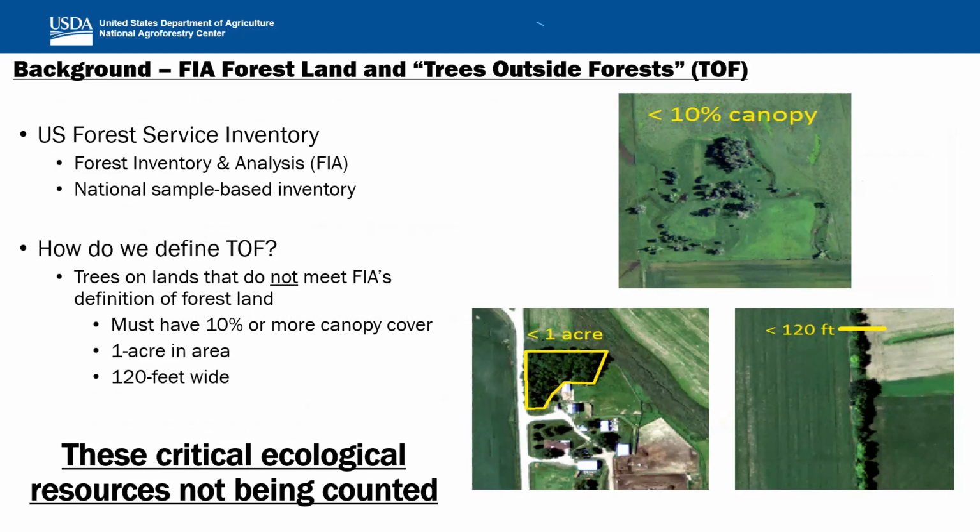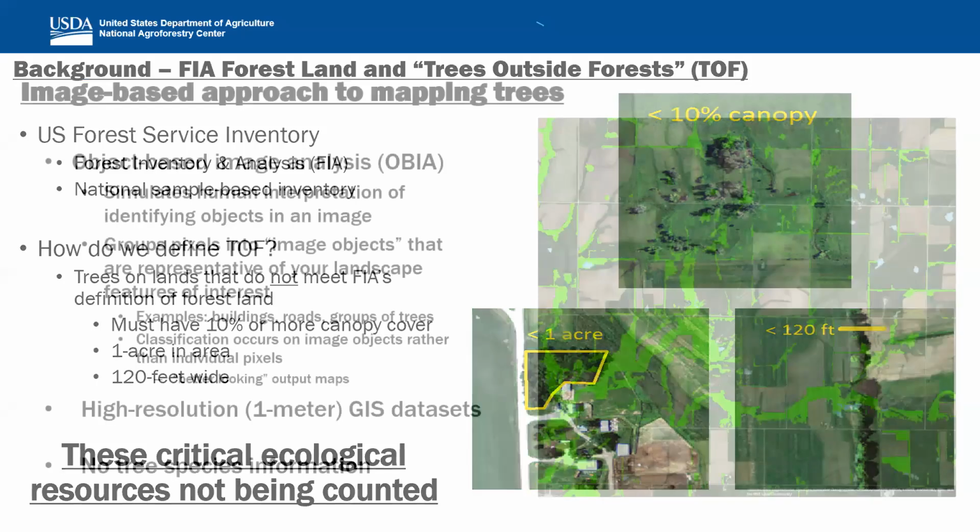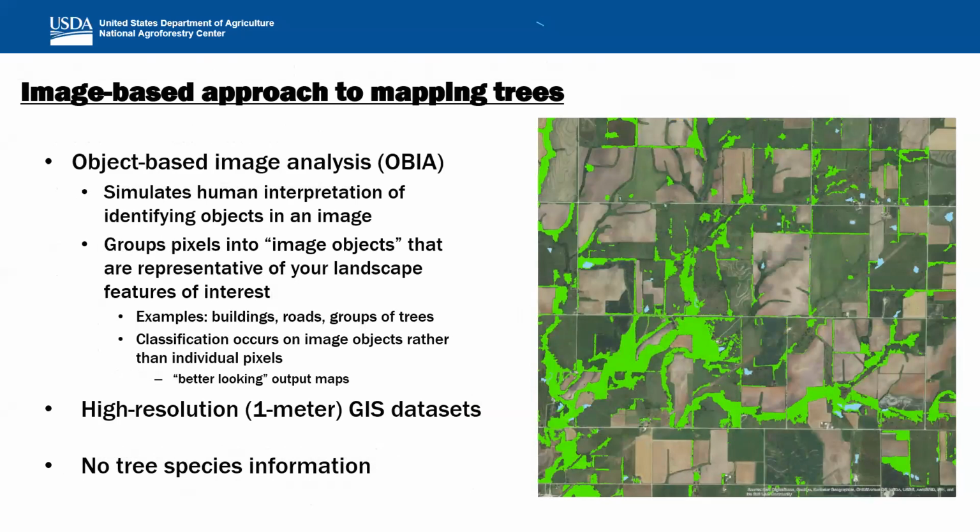So for FIA inventory, the area that must meet the criteria is being greater than 10% canopy or greater than 1 acre or wider than 120 feet. Many of the working trees in agricultural areas just don't meet these criteria, and they're not being accounted for.